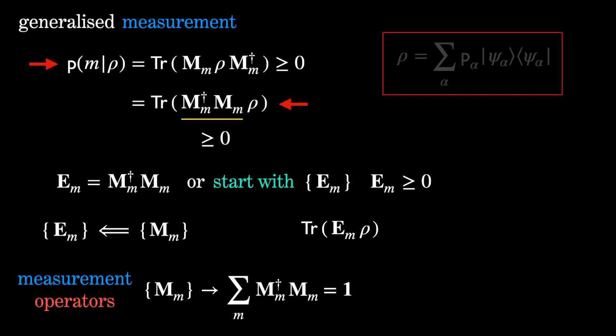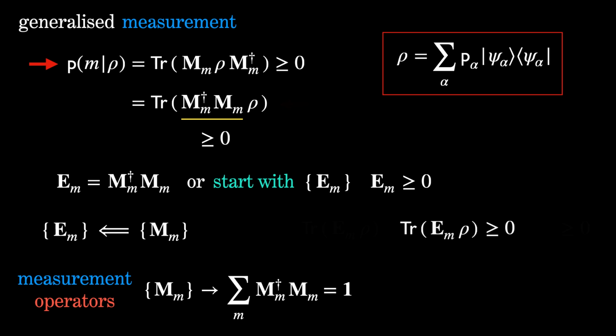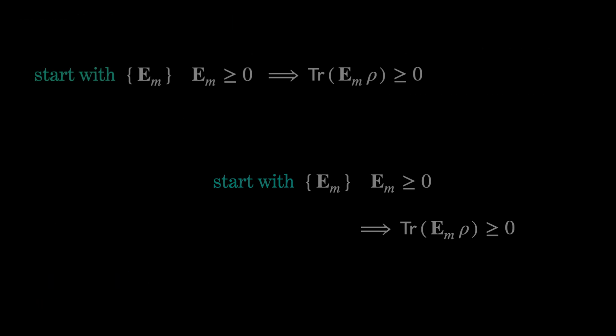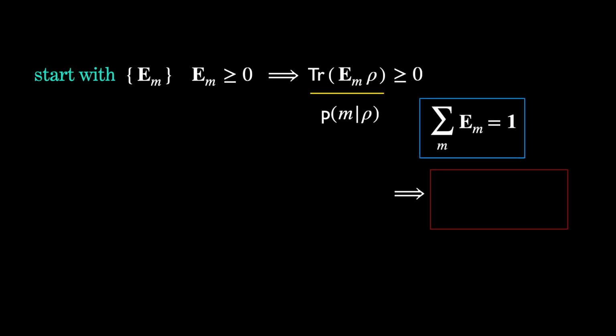Plugging in the expression for ρ, the positivity is apparent. The remaining condition for this trace to be a probability is for the sum of the operators E's to be equal to the identity operator. This will ensure that the probabilities sum to 1.